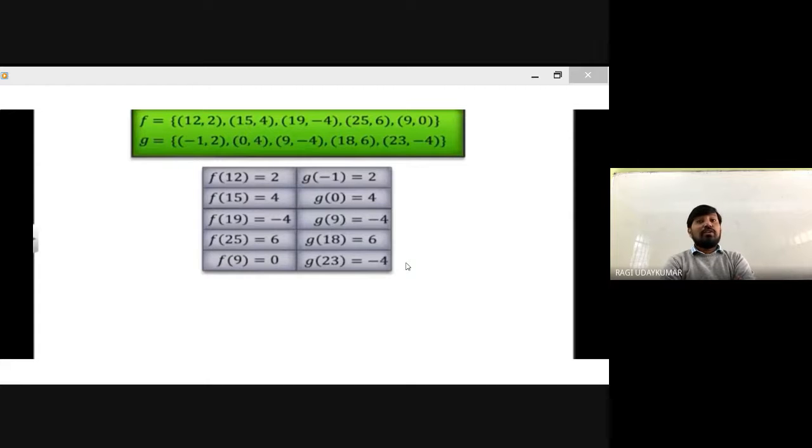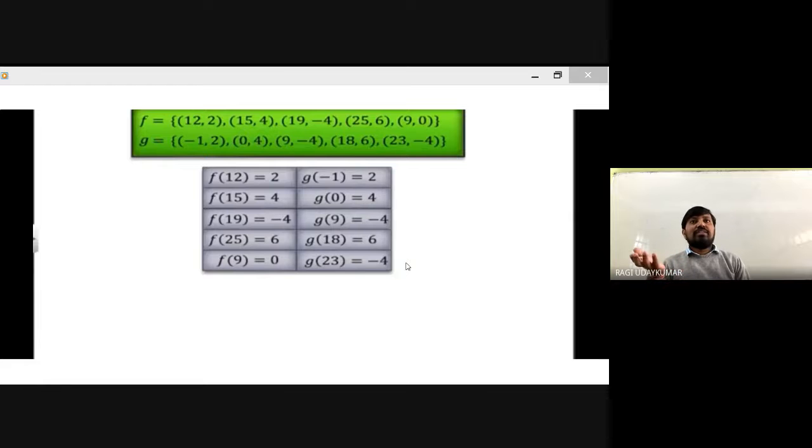Every element of the domain means every element of the set on the left-hand side should have one image. Only one image, not two images. Unique means only one image should be there. Then only it is called a function.